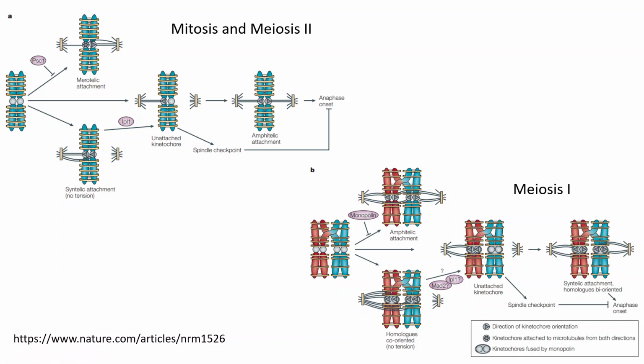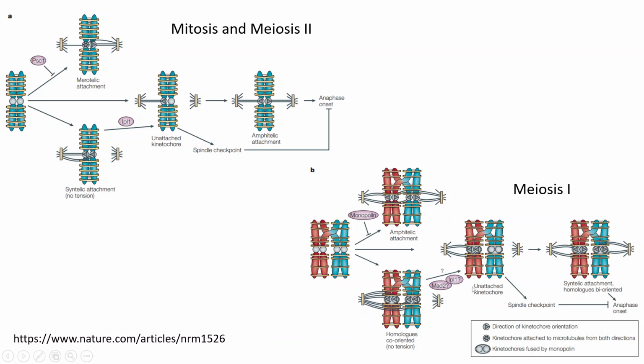We would want syntelic attachment. So this is syntelic attachment. That's what we want. We don't want the co-oriented homologous joining. We don't want unattached kinetochores. This could all lead to ploidy issues.